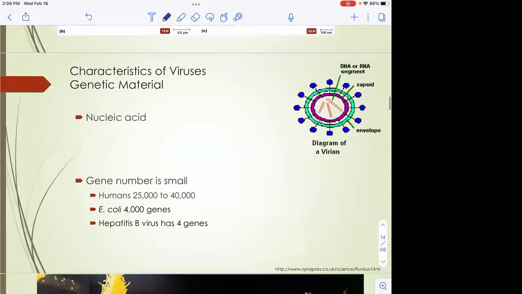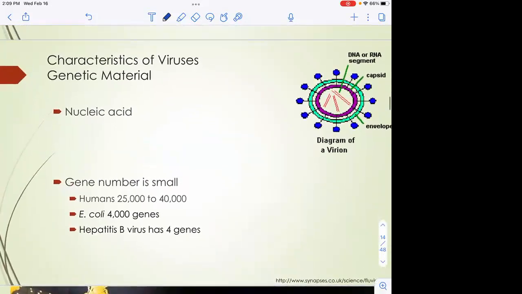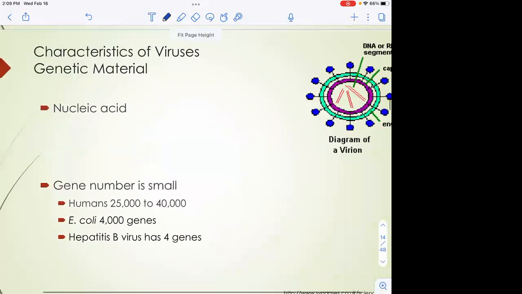All right, so zeroing in a little bit further on the genetic material. What kind of nucleic acid? We said either RNA or DNA. So it could be single-stranded DNA or double-stranded DNA, or we could have single-stranded RNA or double-stranded RNA.